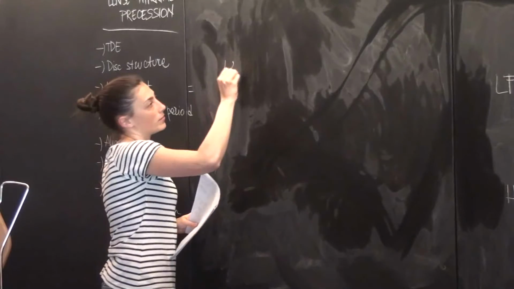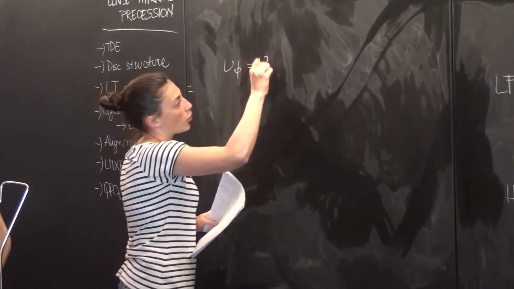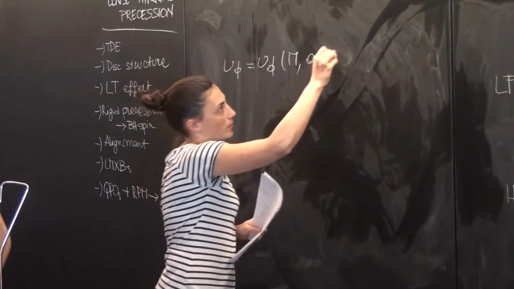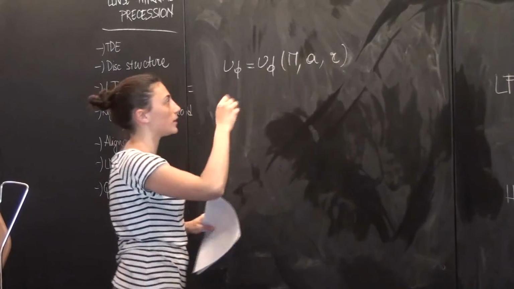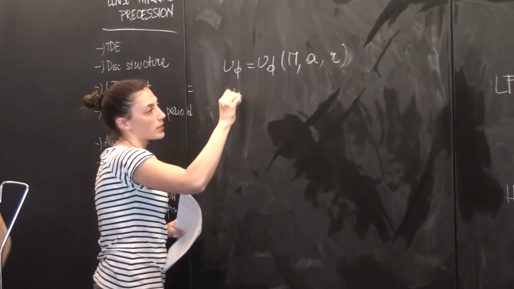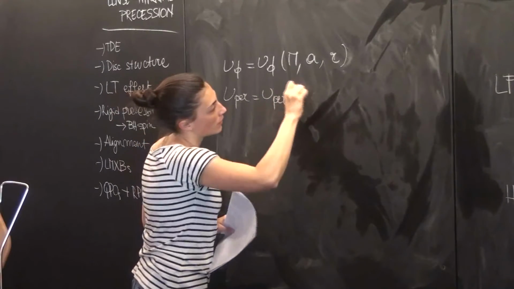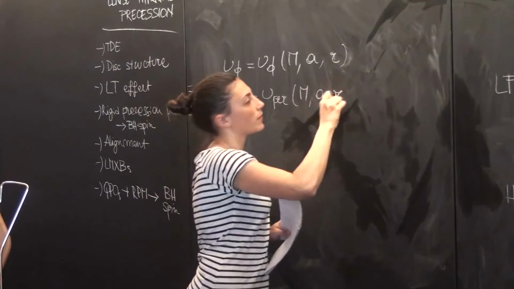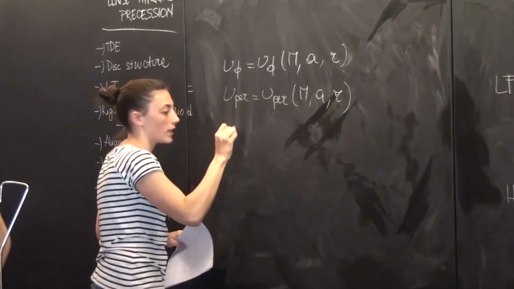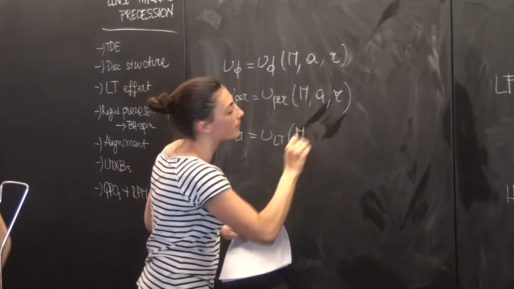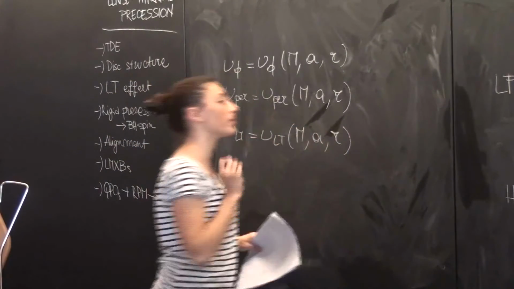We have the orbital frequency, which is a function of the black hole parameters and of the radius at which it is emitted. We have the periastron precession, which is another function of these parameters. And finally we have the Lense-Thirring frequency, which is another function of the parameters.